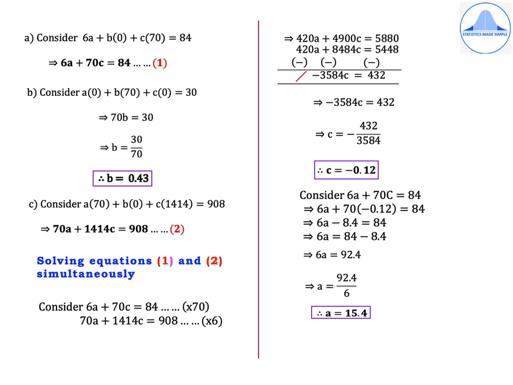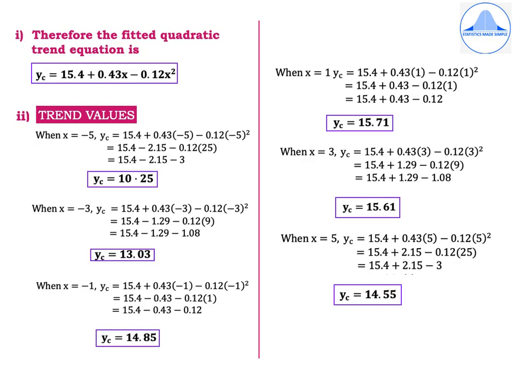Therefore, a is equal to 15.4. Substituting the values of a, b and c in the quadratic equation, we get the quadratic trend equation yc equal to 15.4 plus 0.43x minus 0.12x squared.